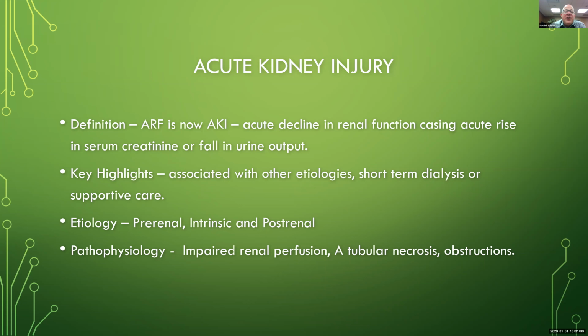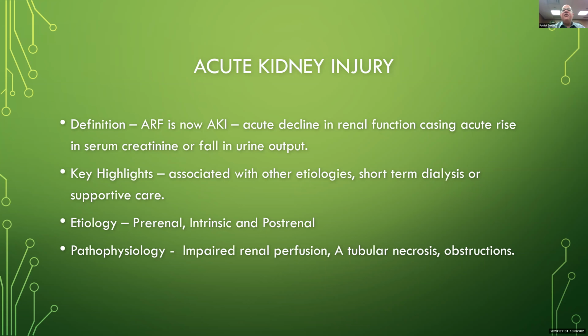So the etiology or the causes would be pre-renal, intrinsic, or post-renal, right? So post-renal is an obstruction. Intrinsic is a problem with the kidneys. Pre-renal would be something outside of the renal system, such as, let's say, a medicine or something going on with a perfusion mismatch, and the blood flow is getting reduced to the kidneys, right?